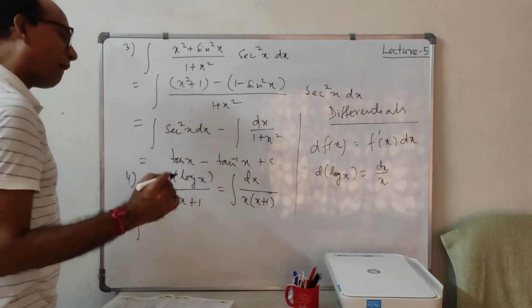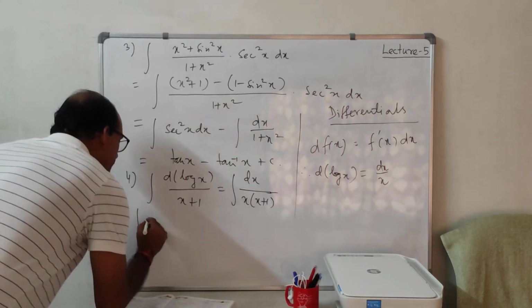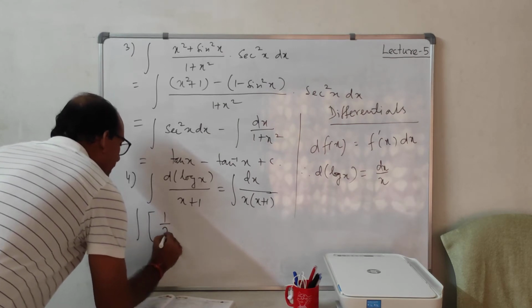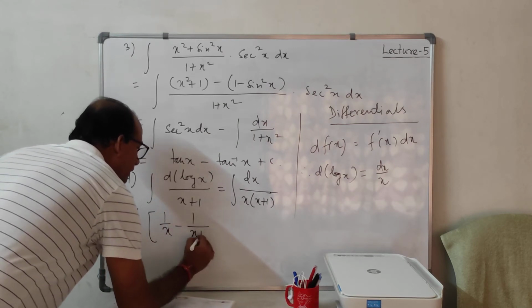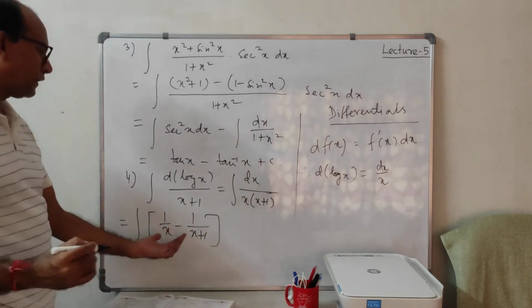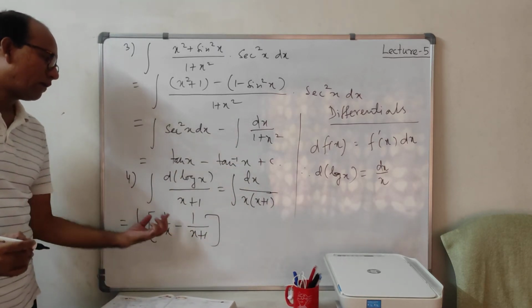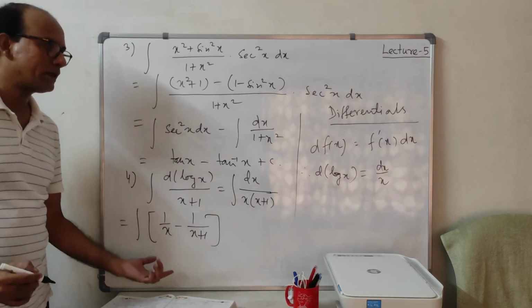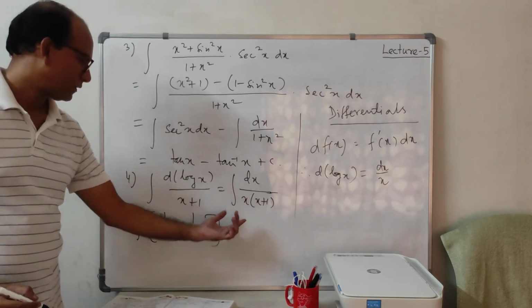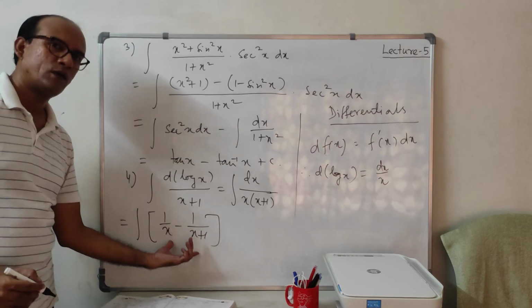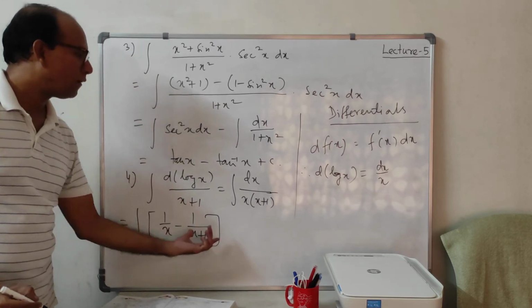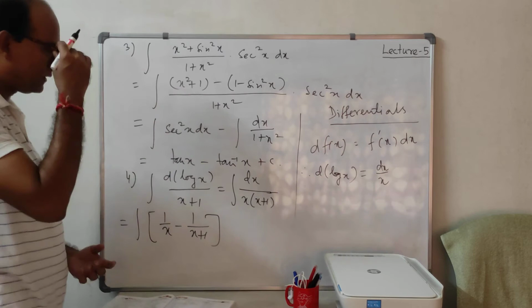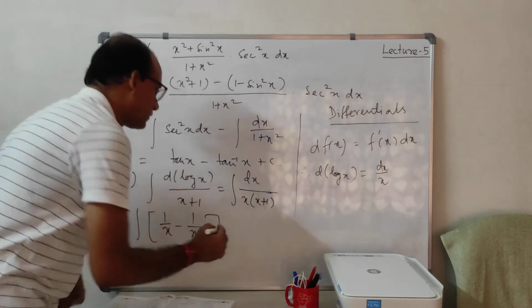We can write it as 1 by x minus 1 by x plus 1. If you take difference, you will get definitely 1 in the numerator and x into x plus 1 as LCM in the denominator. So this difference will match this fraction.